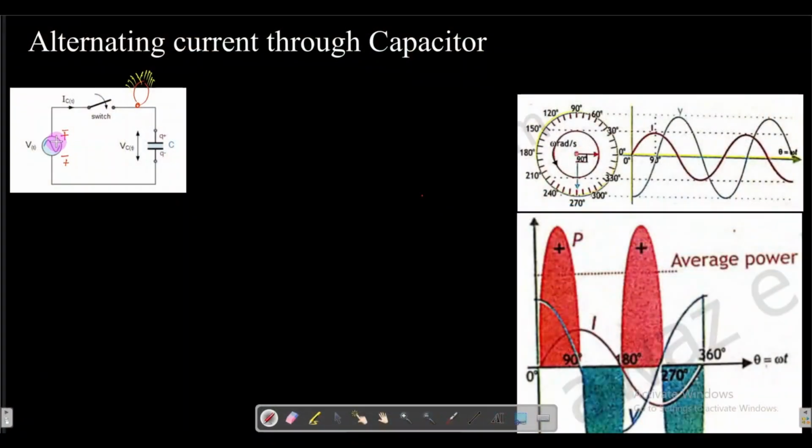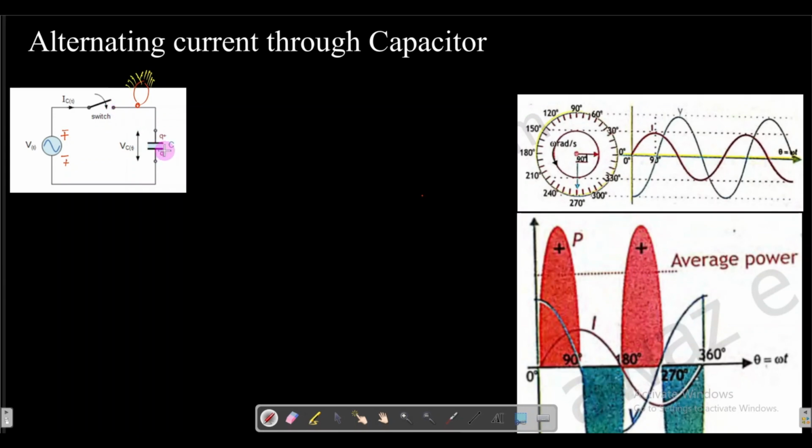Here we have the same scenario in which the alternating voltage is connected with the capacitor. When this is an alternating source, the capacitor will be charged and discharged, and if we connect the bulb, it will glow.